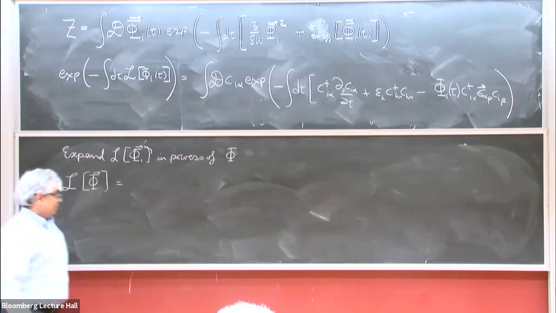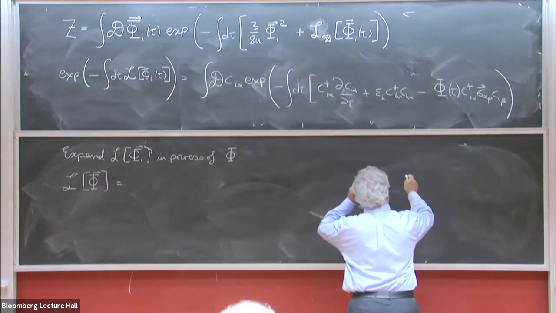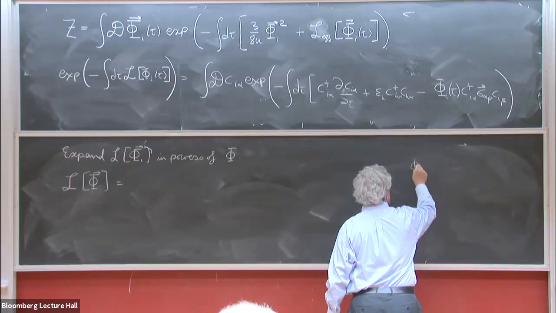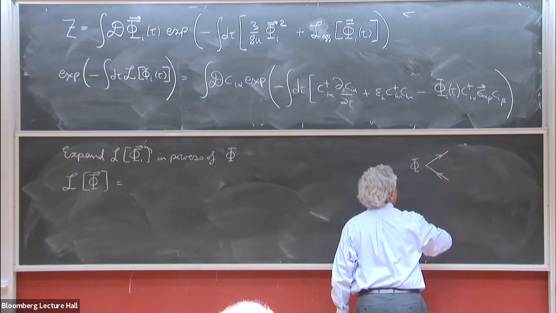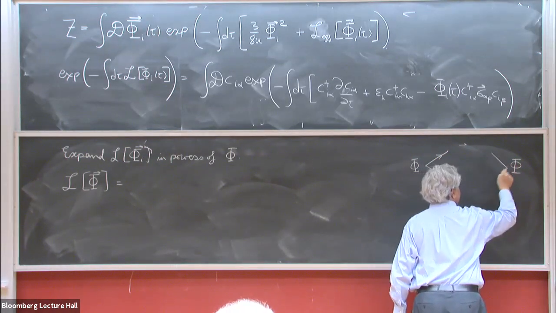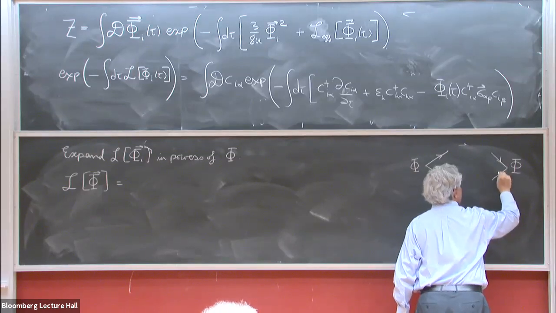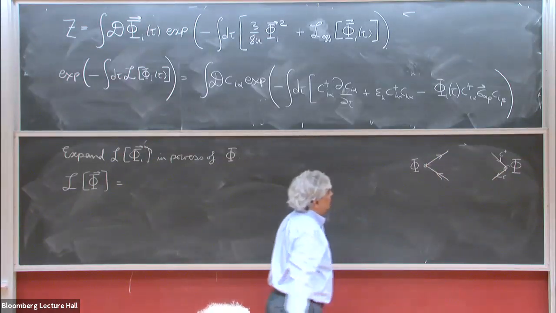And what does it look like? Well, you can just expand this out. Diagram that you wish: you have a phi here with a C dagger and a C, and another phi here with a C dagger and a C. There's a Pauli matrix sigma here and a Pauli matrix here.